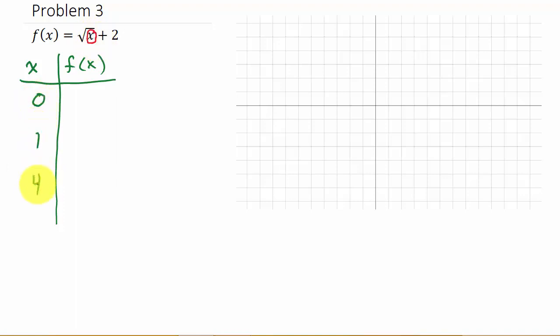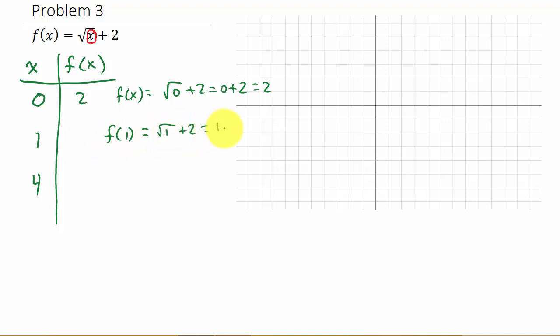Now all we do is take each x value and plug it into the function. f of 0 is the square root of 0, plus 2, which is 0 plus 2, which equals 2. Then f of 1 is the square root of 1, plus 2.